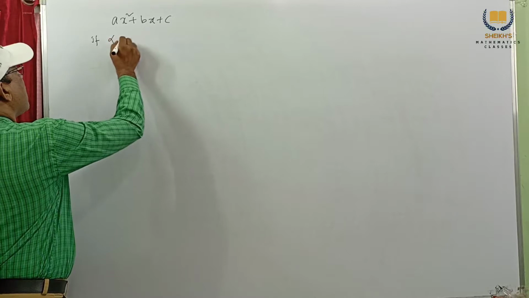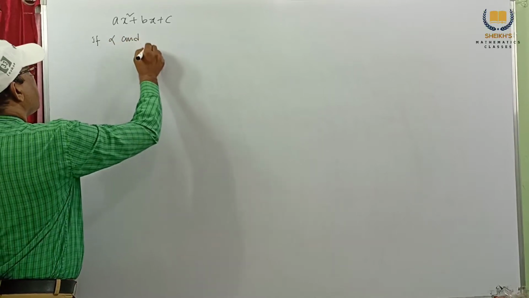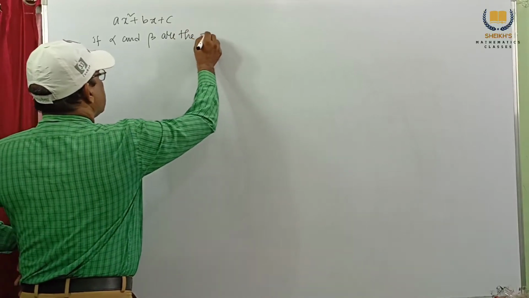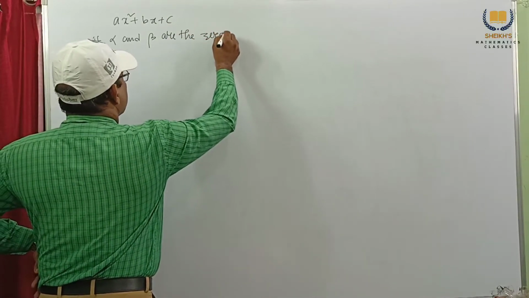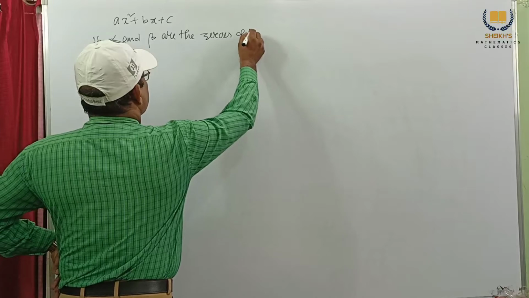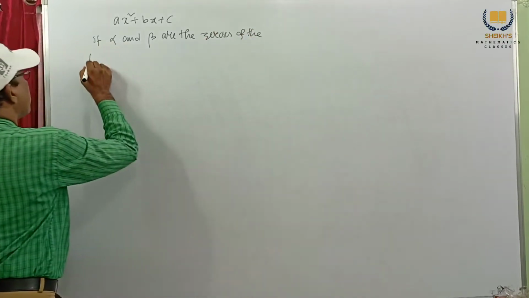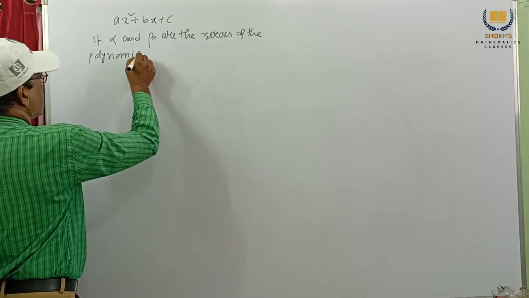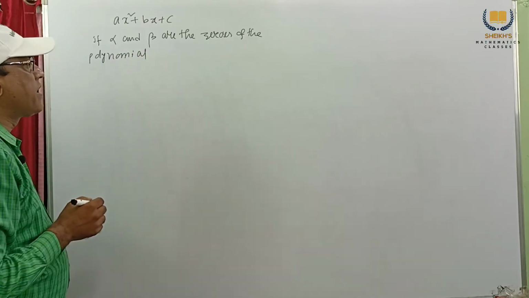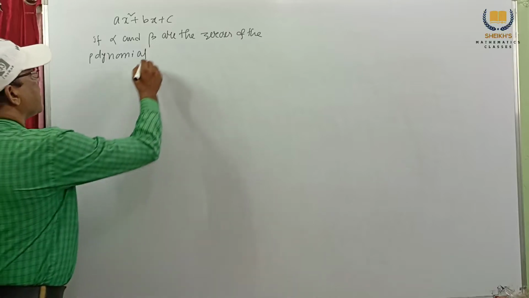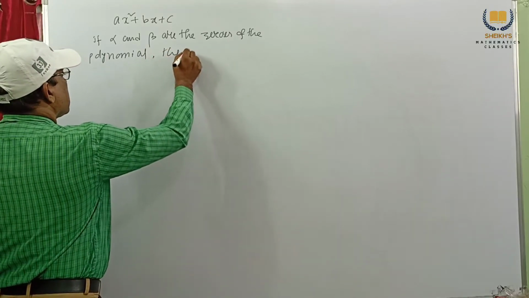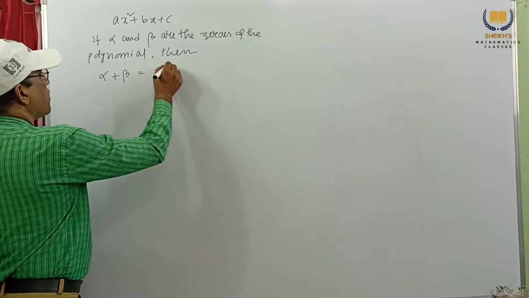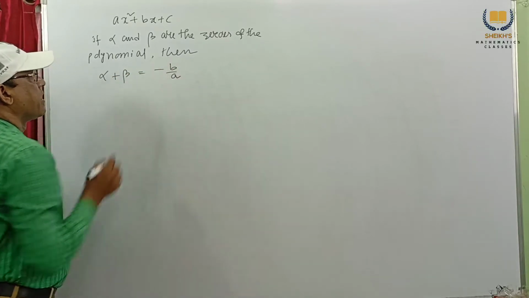If alpha and beta are the zeros of the polynomial, then we have sum of the zeros equal to minus b by a.